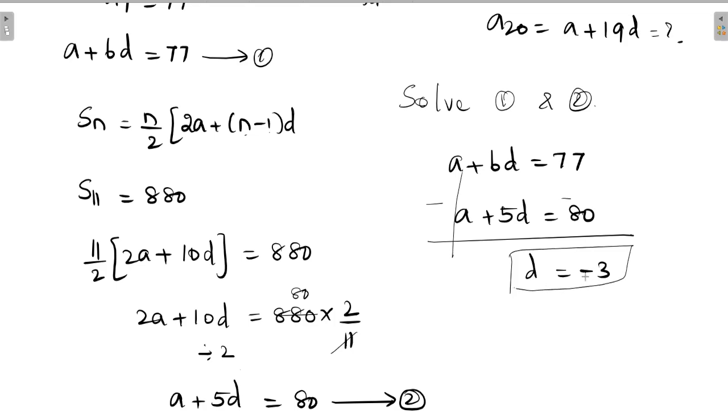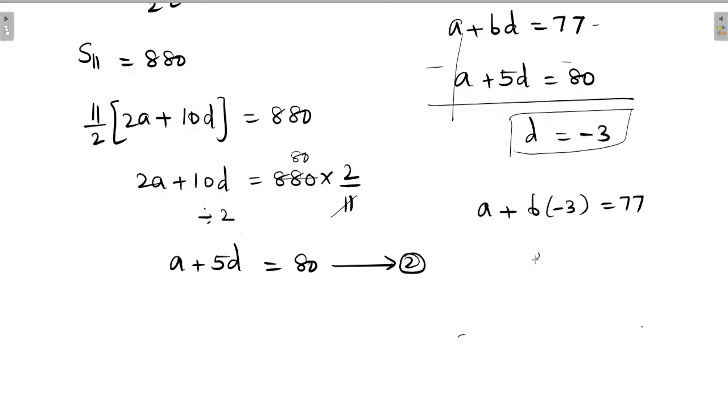Now replace this value in any one of the equations. So consider the first equation. a plus 6 times minus 3 is equal to 77. So a equals 77 plus 18. So a equals 95. Now we have the values of a and d.